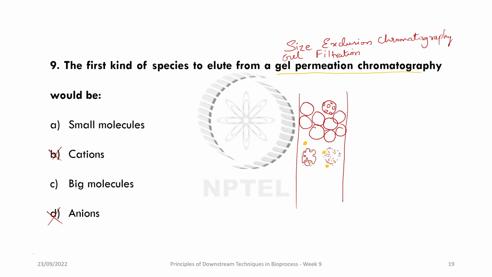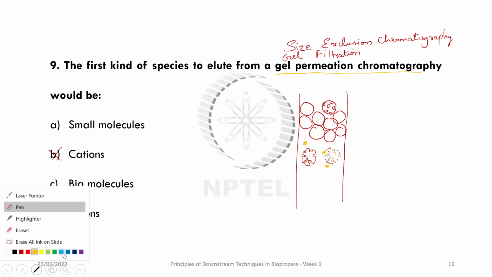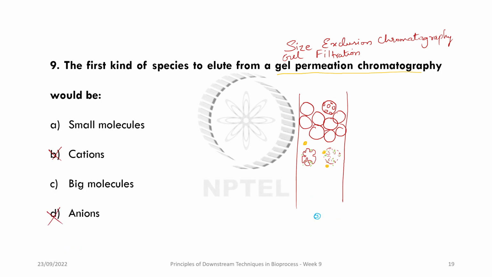Right? So based on the size, the biggest species are going to come out first, followed by some smaller species, followed by even more small molecules.